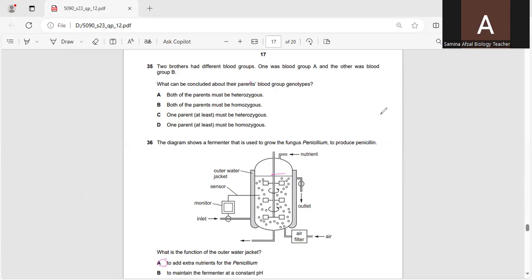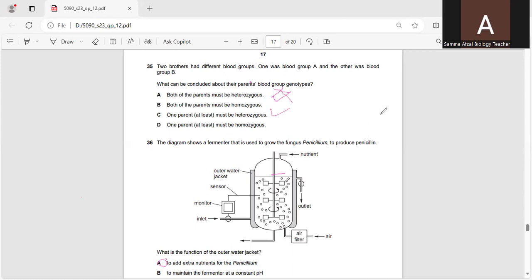No, if both of them are heterozygous, it will not be correct. Both of the parents must be homozygous? Then there should be the AB blood group. One parent must be heterozygous. At least one parent must be heterozygous.